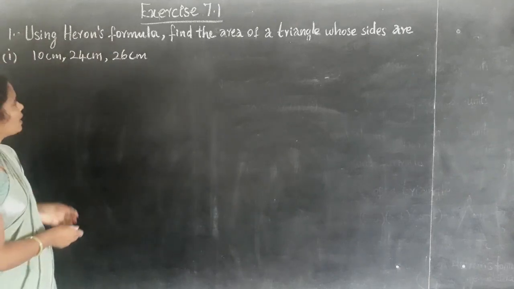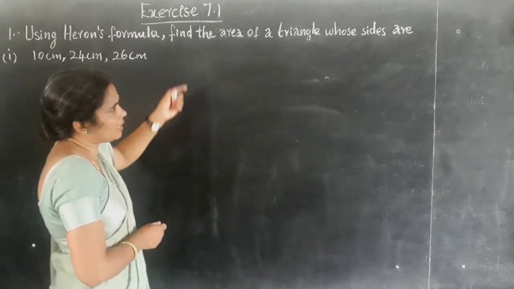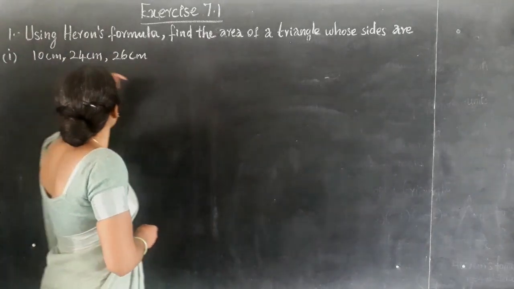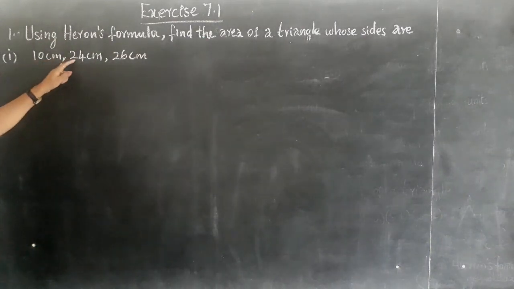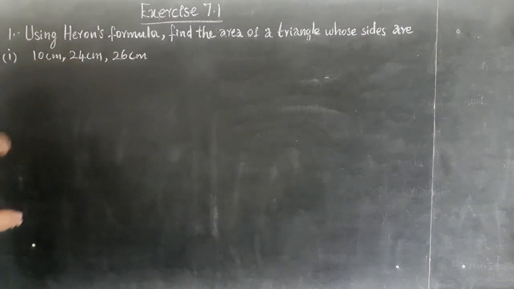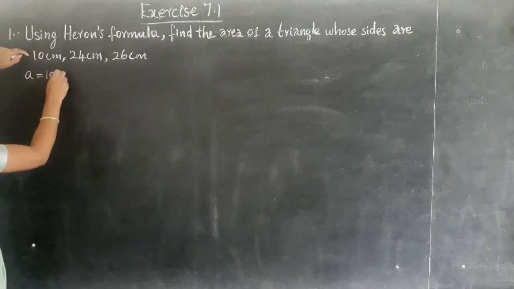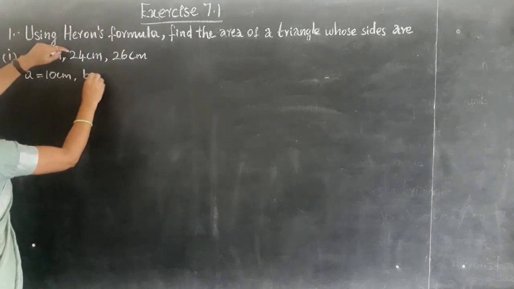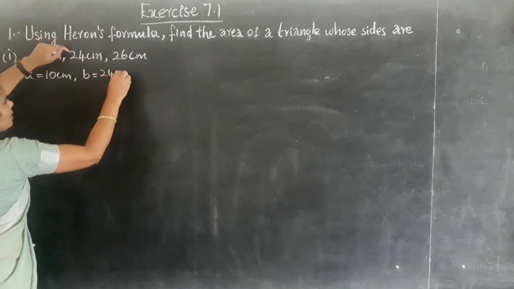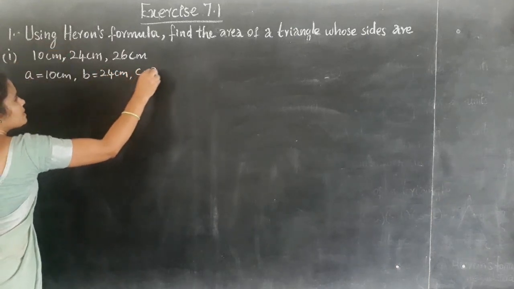Question number 1. Using Heron's formula, find the area of a triangle whose sides are 10 cm, 24 cm and 26 cm. Now let us take the sides as A 10 cm, B 24 cm and C 26 cm.